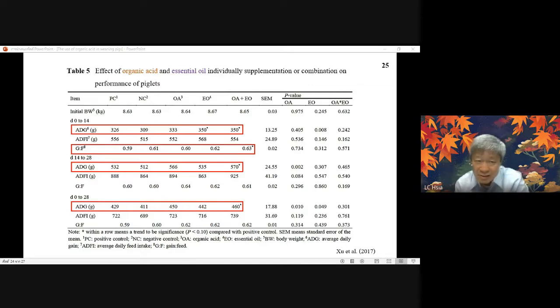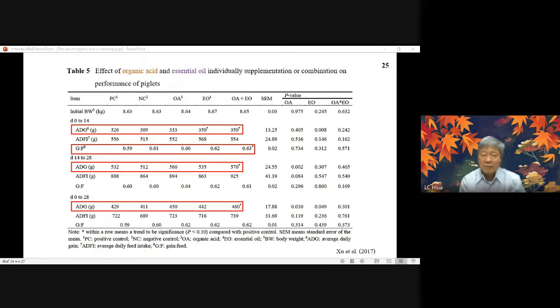In this case, maybe the best way is to say all of them have good performance compared with the negative control, and also better performance compared with the positive control. If you have a little difference that is not significant, you can give two kinds of explanation.